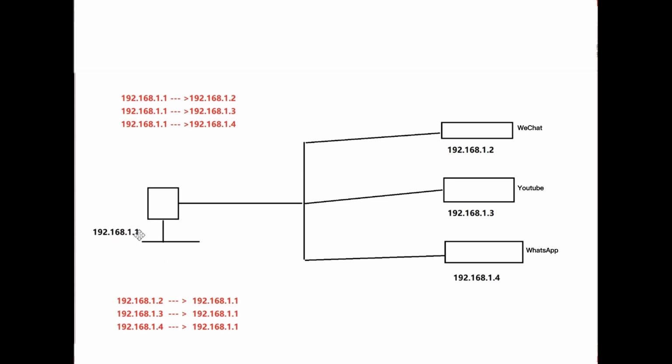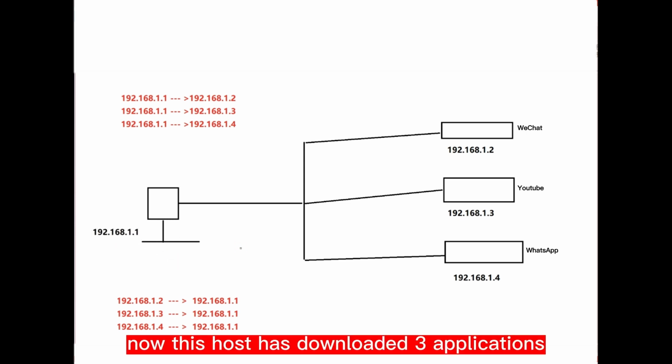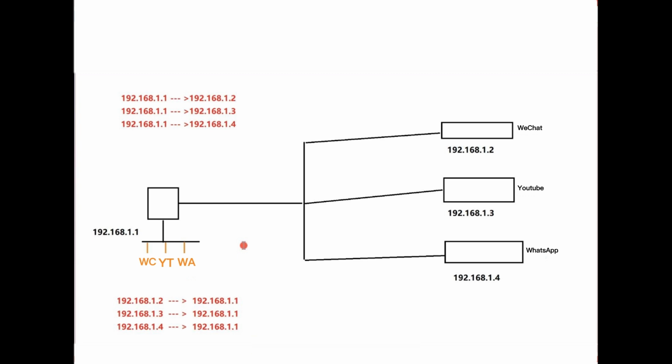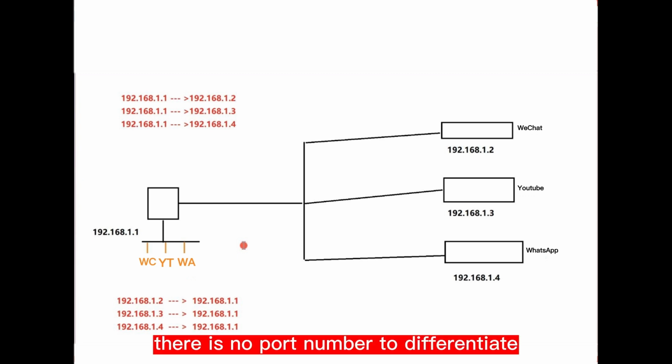For example, now this host has downloaded 3 applications: WhatsApp, WeChat, and YouTube. Make an identification. Suppose this is WeChat, this is YouTube, and this is WhatsApp. Logically, we don't know the relationship between them if there is no port number to differentiate.